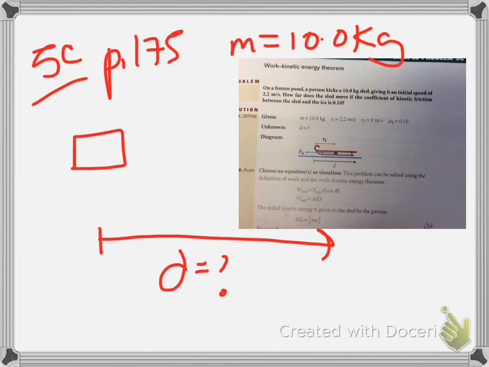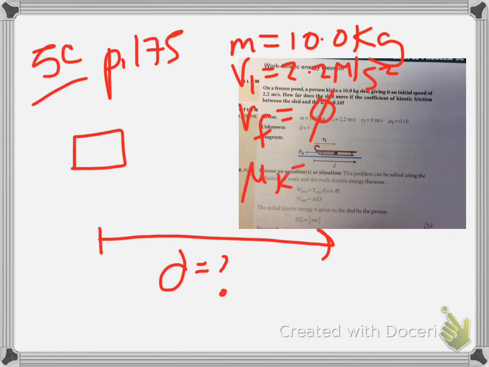So we've got the mass, and we have the initial velocity of 2.2 meters per second. We know what the final velocity is. What are we interested in? The point when the sled stops. So final velocity is 0. And we have mu k of 0.10.